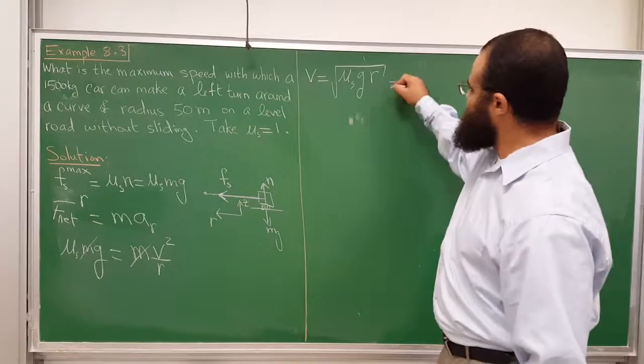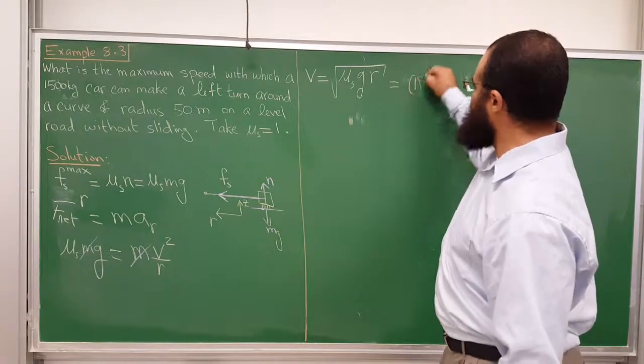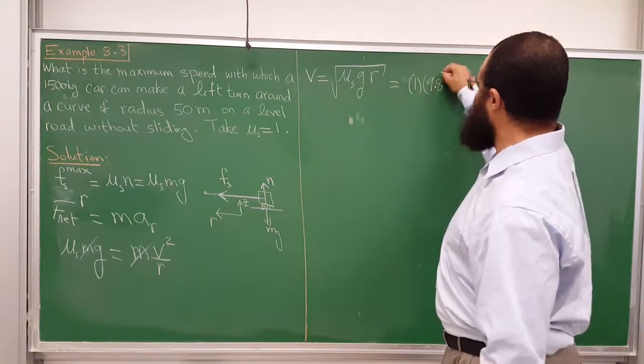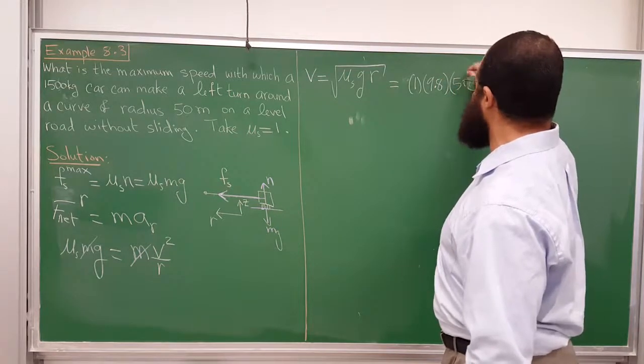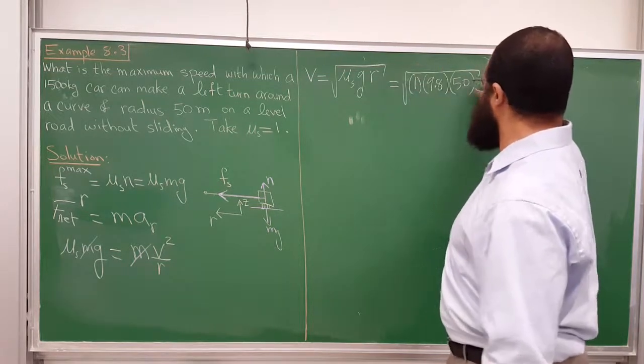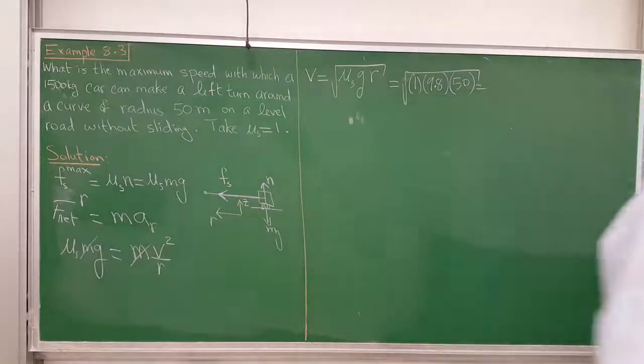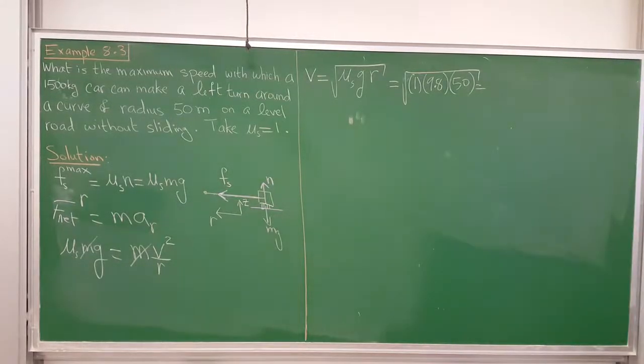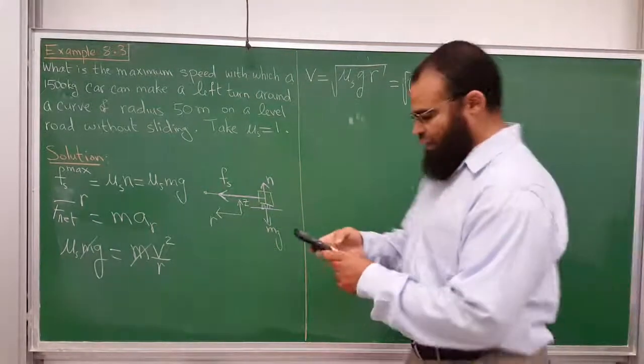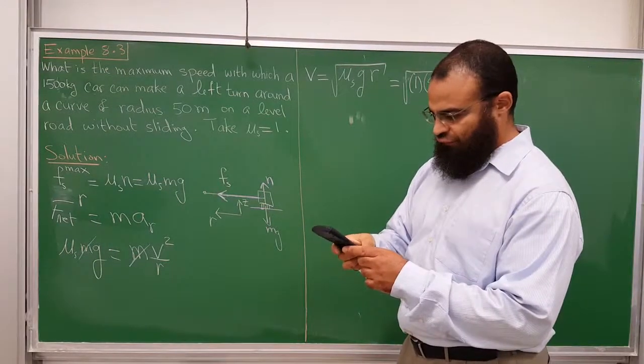So let's substitute. Mu s is 1, g is 9.8, and I have a 50 here for the radius. Let me get my calculator. So I have 9.8 times 50.